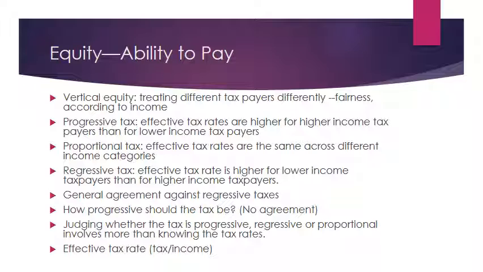And a proportional tax would be one that has the same effect on all taxpayers. So the effective tax rate would be the same for all income groups, so regardless of whether they are earning a high income or a low income, everyone would have the same effective tax rate in a sense.